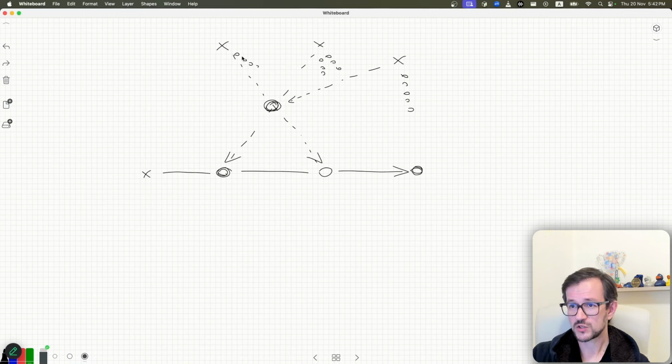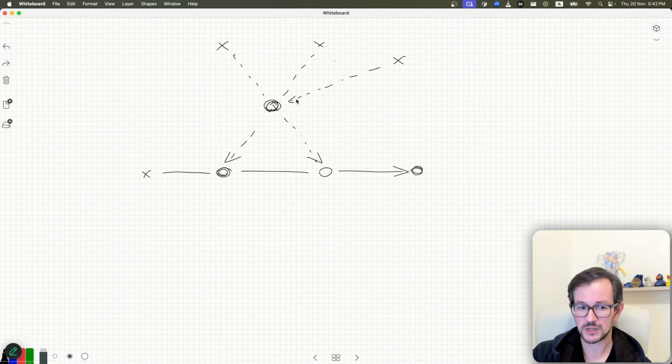Imagine all other ways are blocked, so you can only kill these monsters. So you can do it like this: this gun kills this monster in the middle, and now you can kill both this monster and this monster. And now you open the way for this gun to kill this monster.